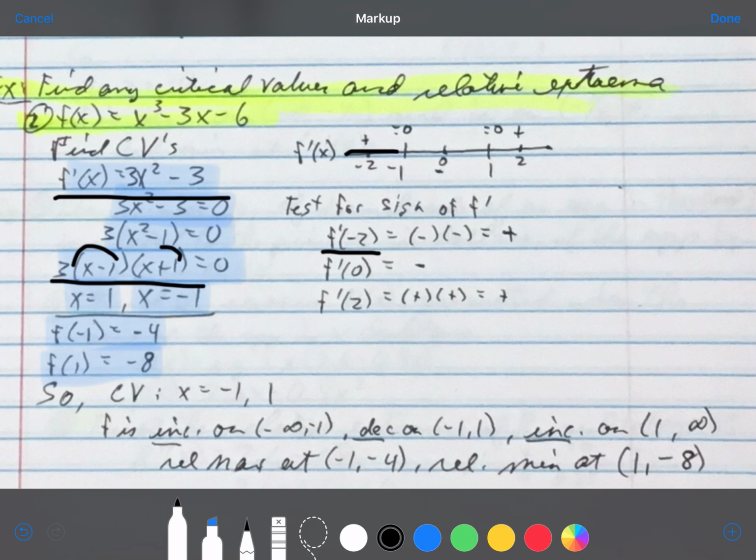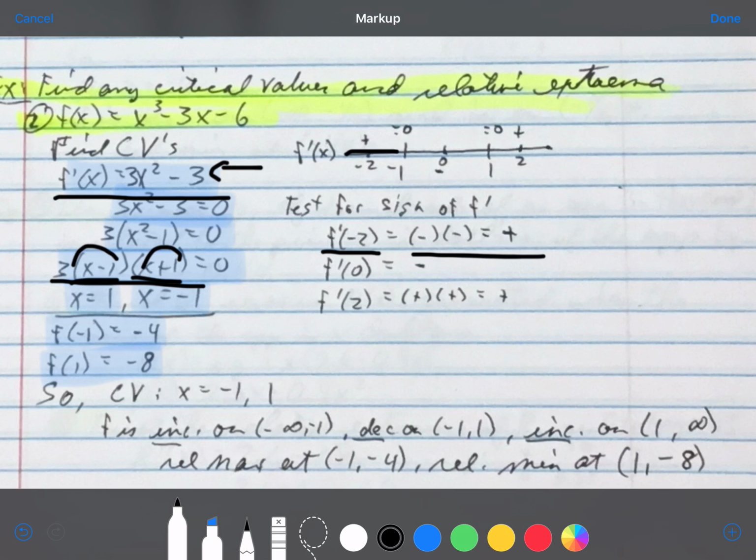If I plug negative 2 into x plus 1, that'll give me negative 2 plus 1, a negative number. So I have a negative number times a negative number, which is a positive number. That's just an alternative way of doing it. It's a shortcut. If you don't like that, you can always take your test point and simply plug it into the derivative itself. Right? And that's easy enough to do as well.